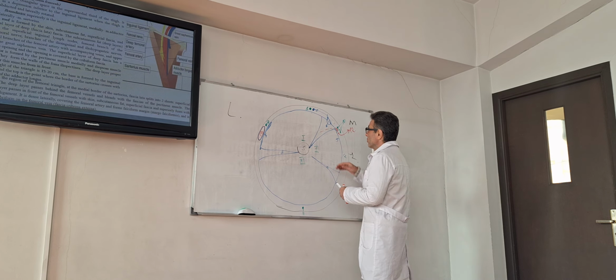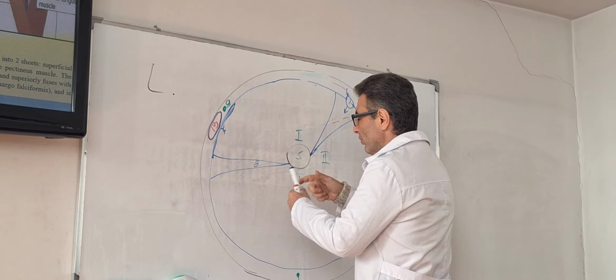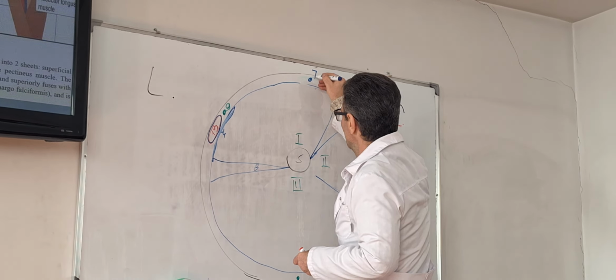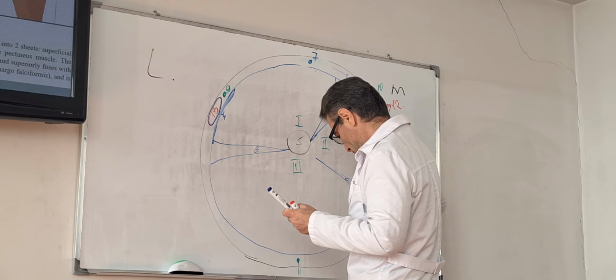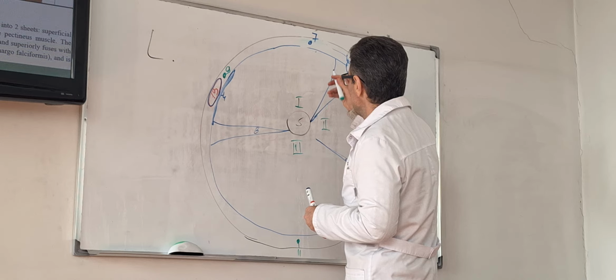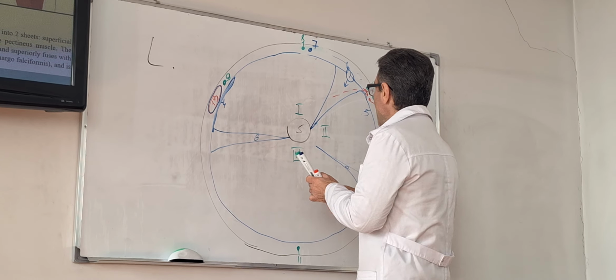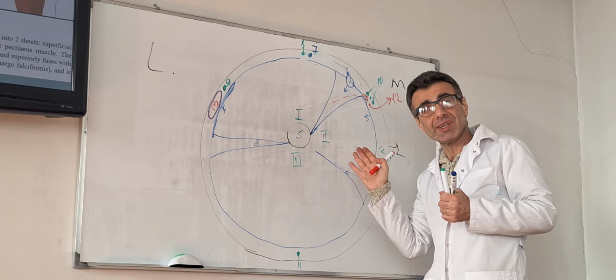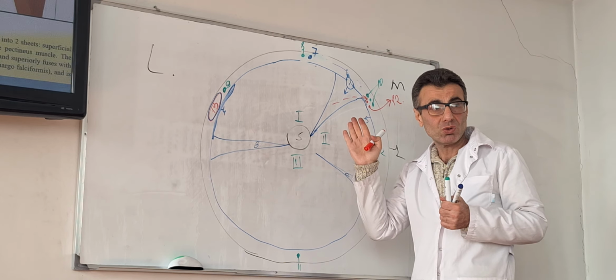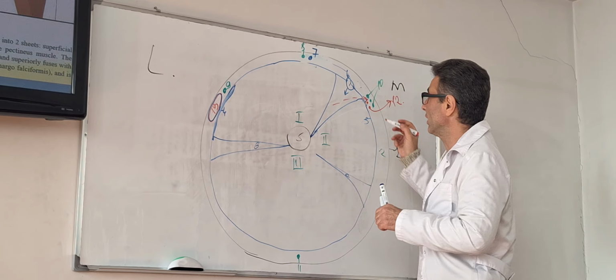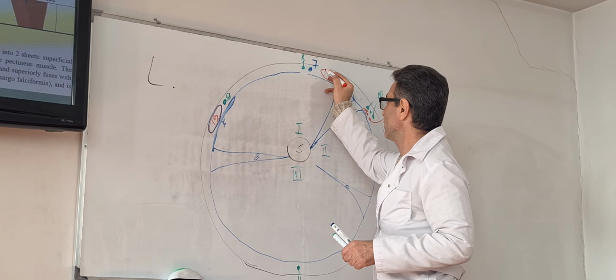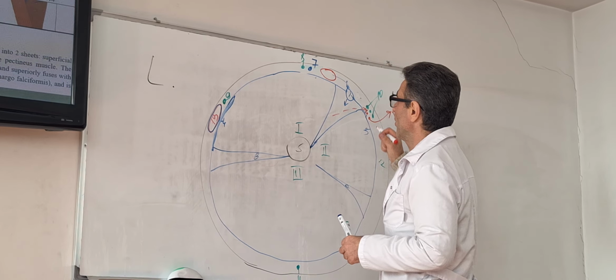And one more ring, I will move these structures a little bit to the lateral side, because I need the space here. And immediately lateral to our femoral triangle, I will draw here the sartorius muscle. It will be structure 14 in our picture.